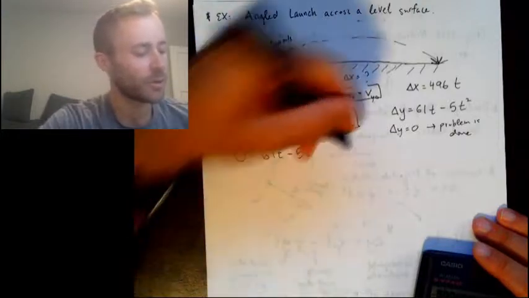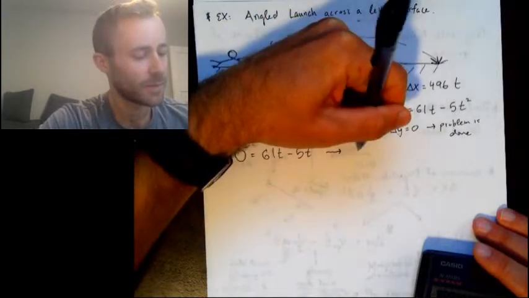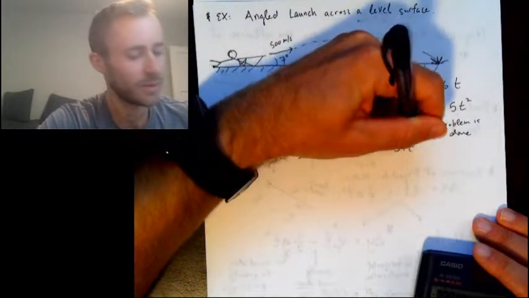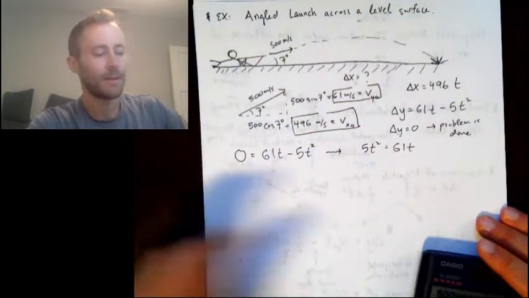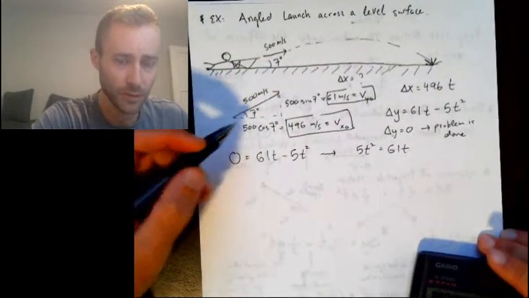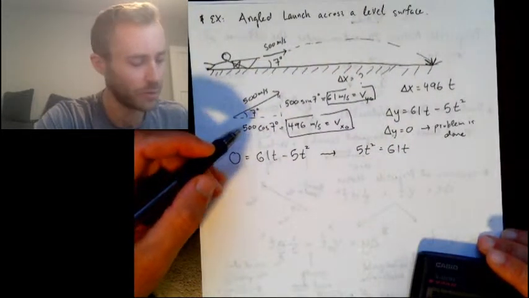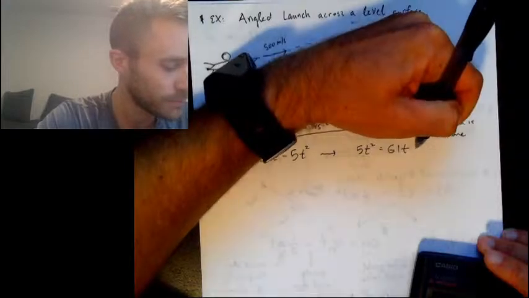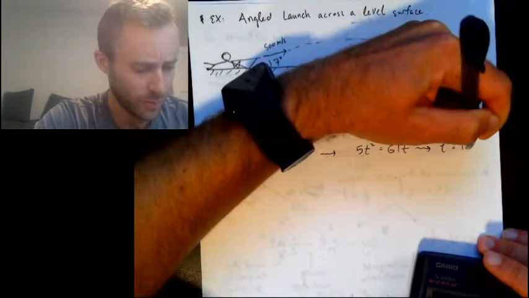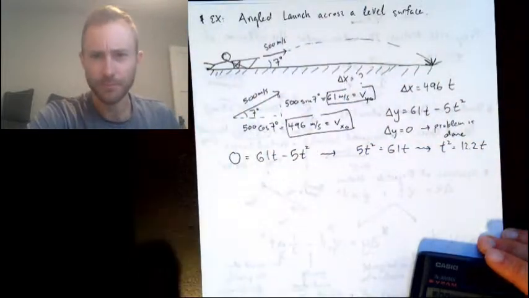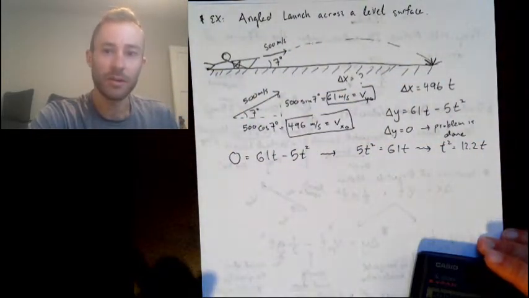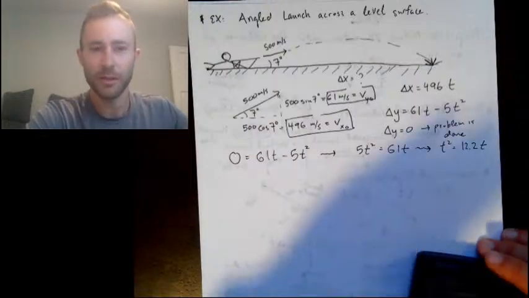Add 5t squared to the other side: 5t squared equals 61t. I'm going to divide both sides by 5, so that gives me 12.2. t squared equals 12.2t. And lastly, we're going to divide both sides by t.